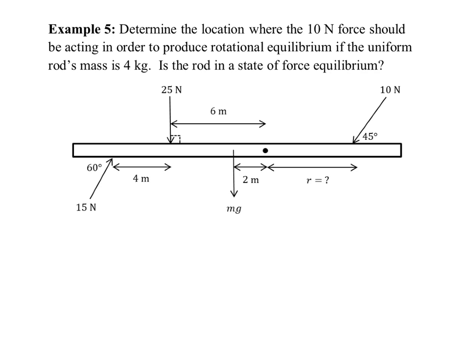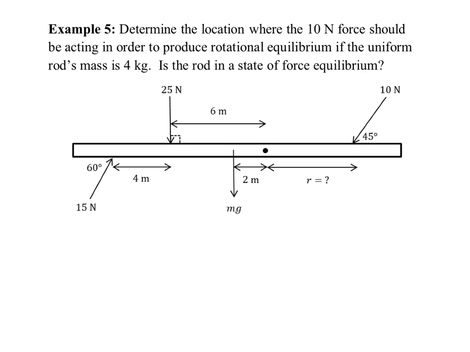Well, let's just logically look at this. The 10 Newton force is going to cause it to spin clockwise. The weight of the object, since it's on the left of the pivot point, is pulling down from the center of mass. The weight of the object will cause counterclockwise. The 25 Newton will cause counterclockwise. And then the 15 Newton here will cause clockwise.